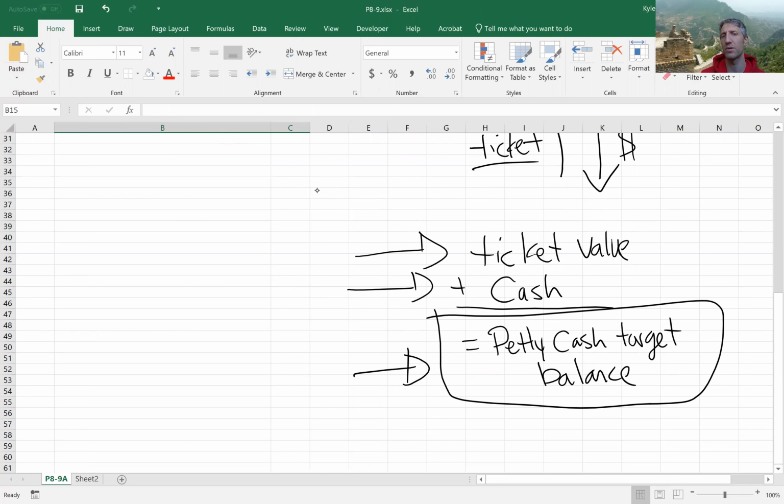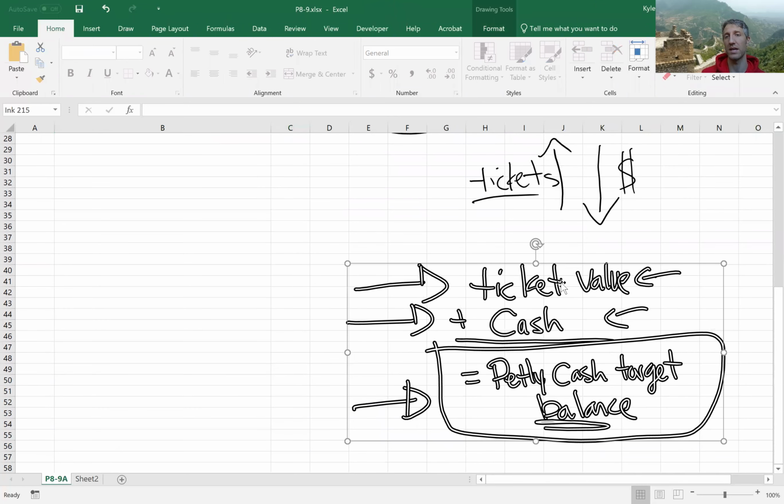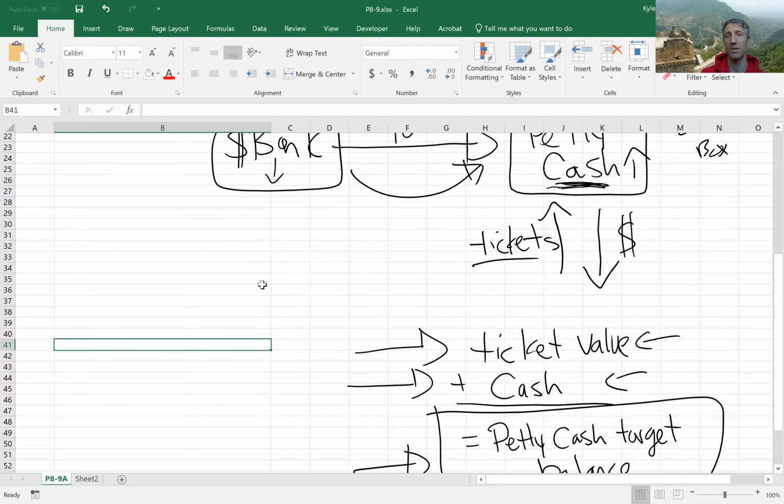That's what's meant by an imprest fund. It's always in balance. The petty cash target balance will always be a combination of these two. And since the tickets go into petty cash, when money goes out, the petty cash will always have a balance between the ticket and the cash of its target balance. So that's requirement number one.